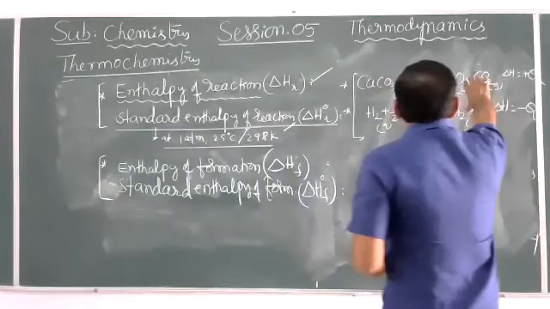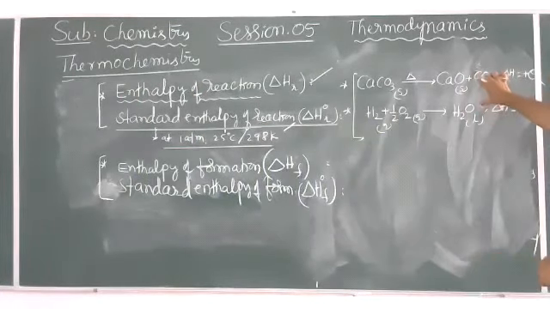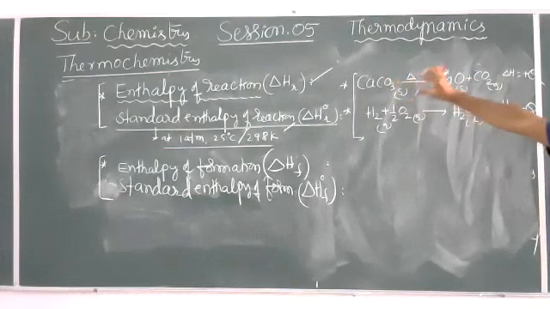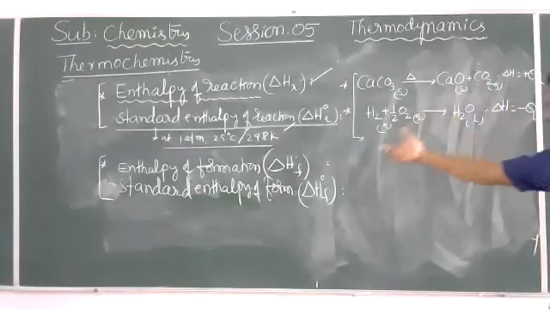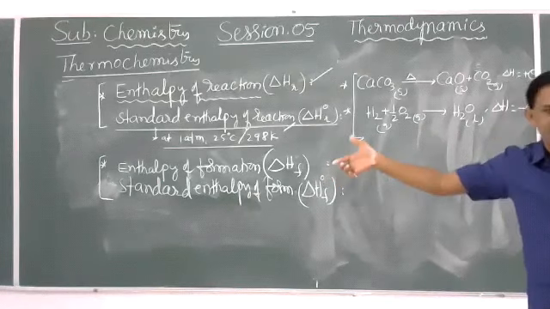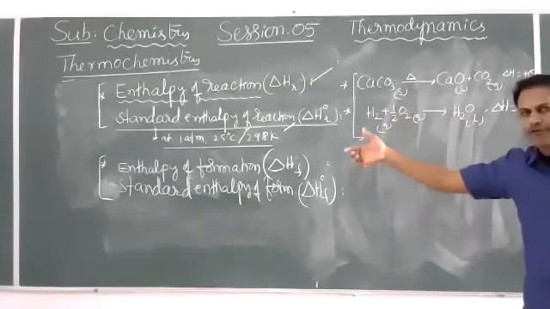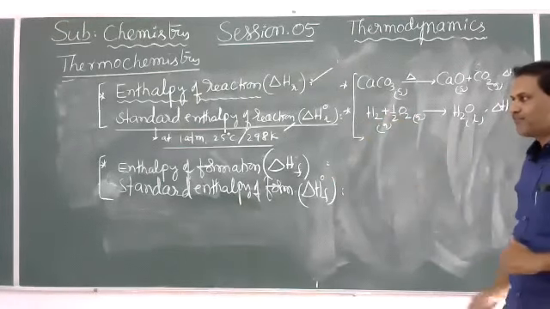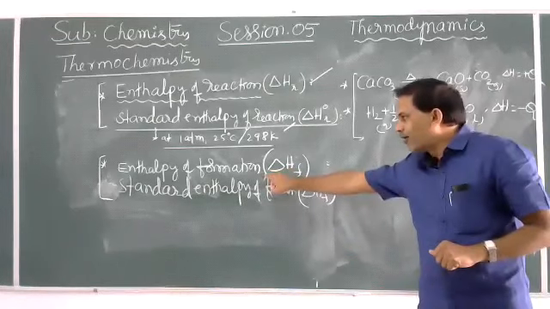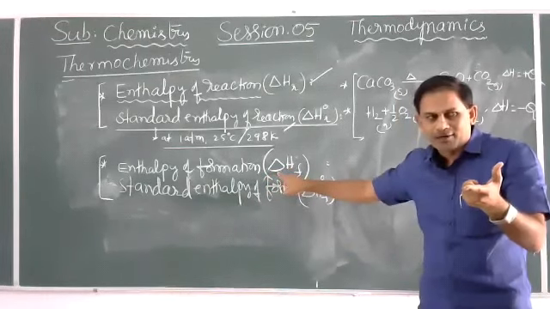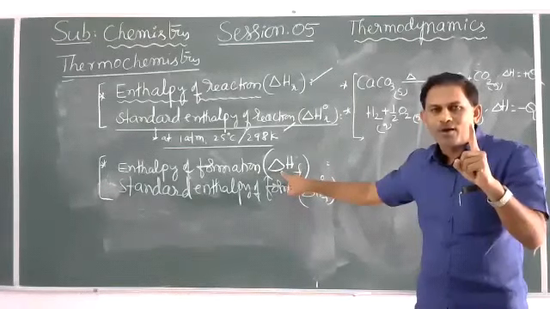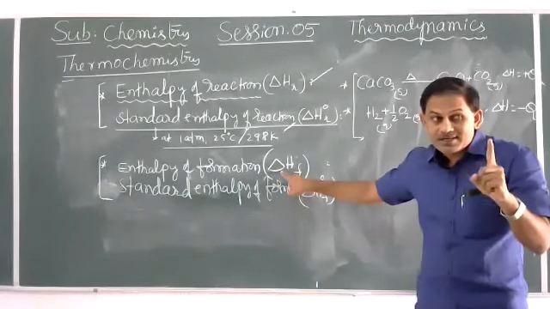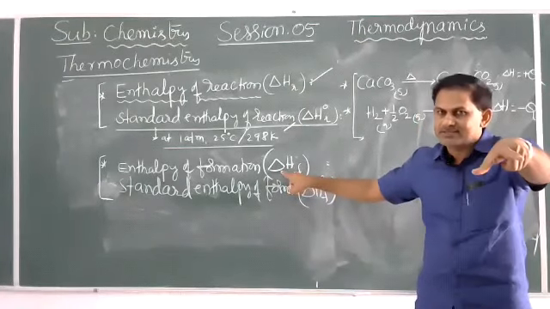These two examples are suitable for enthalpy of reaction, but these two examples are not suitable for standard enthalpy of formation, because enthalpy of formation is the change in enthalpy that occurs when 1 mole of compound is formed from its constituent elements.